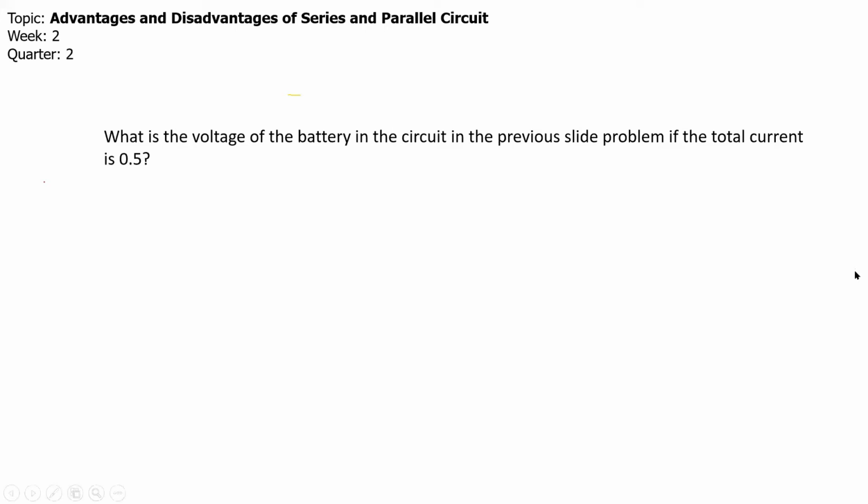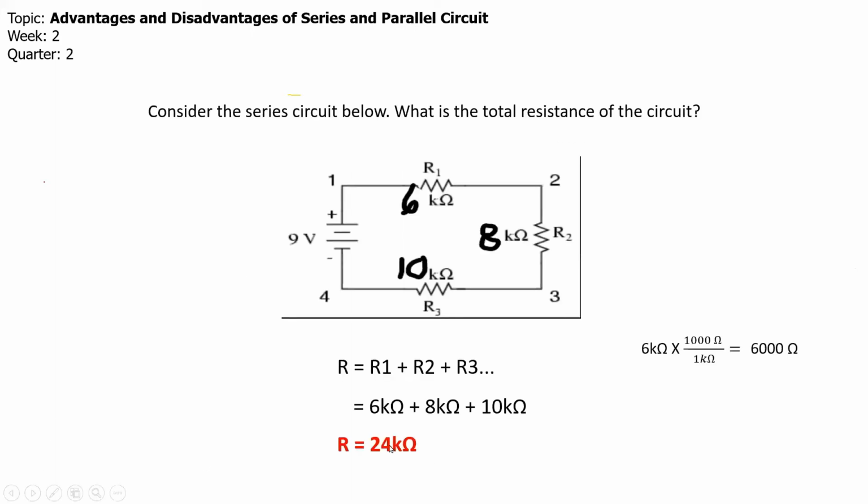So next is kani siya. Given: electric current, we have 0.5 ampere, as you can see here in this problem. Then resistance, we have 24 kilo ohm, diba? Sa previous slide here.